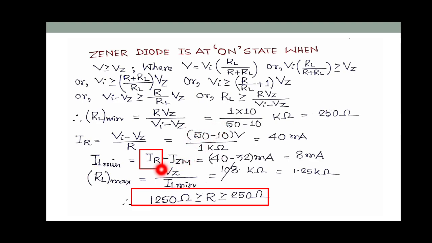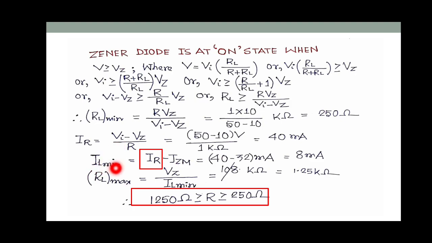Vz is constant, that is 10 volt, and hence when IL is minimum, RL should be maximum because the product of IL and RL is constant. So the maximum value of RL is 1.25 kilo ohm, beyond which the diode may get mutilated.